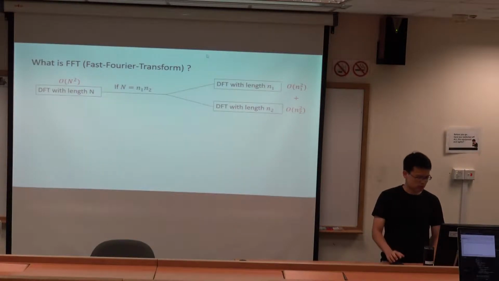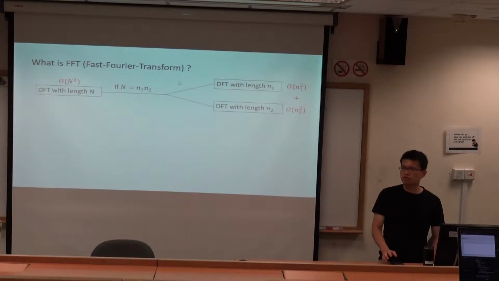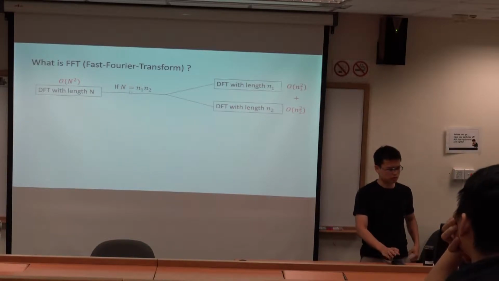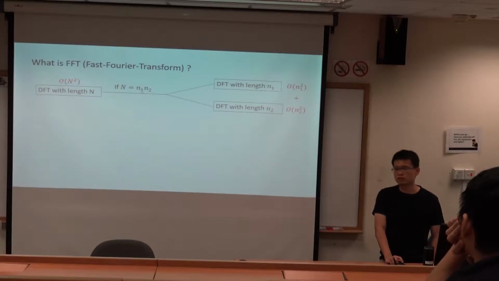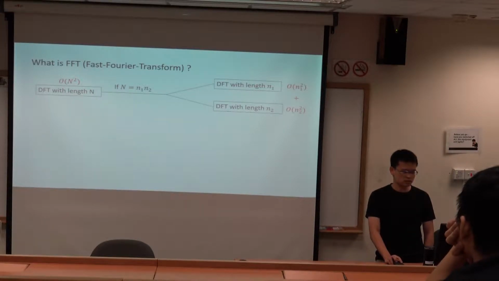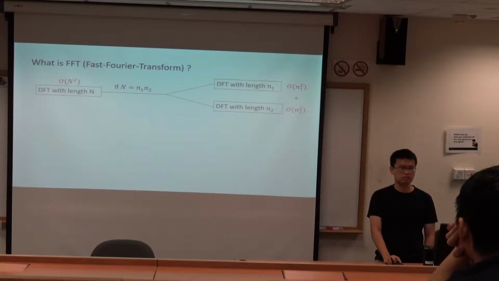I'll tell you a little bit about how this FFT algorithm works. They discovered that for a DFT with a length of n, if n can be factorized into n1 times n2, then this long DFT can be divided into two shorter DFTs.